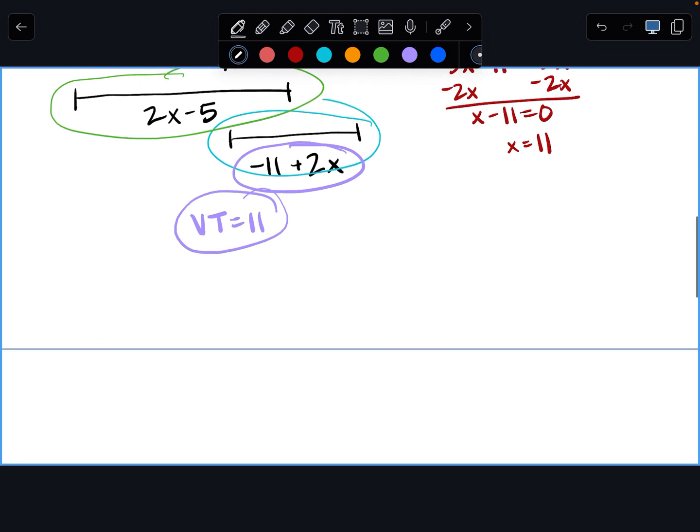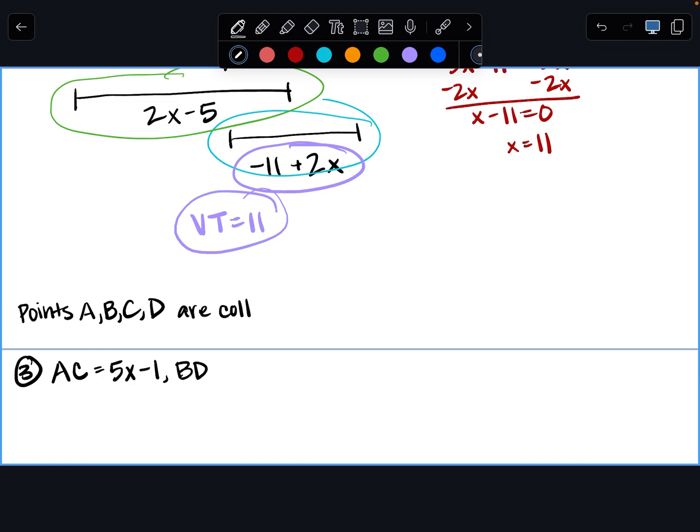All right, what if I write it out? That means you have to draw this, and this is what it's going to look like on the test. Hold on, let me add this part in. Points A, B, C, D are collinear and positioned in that order.